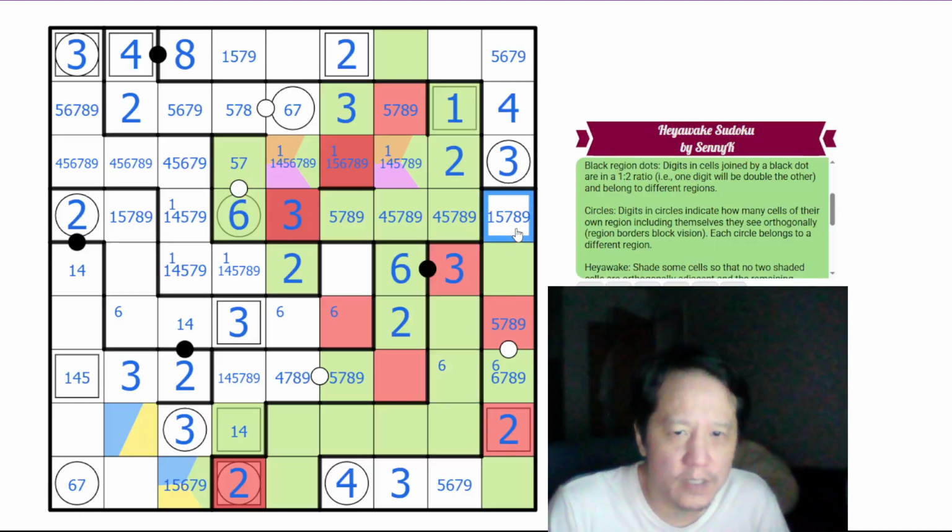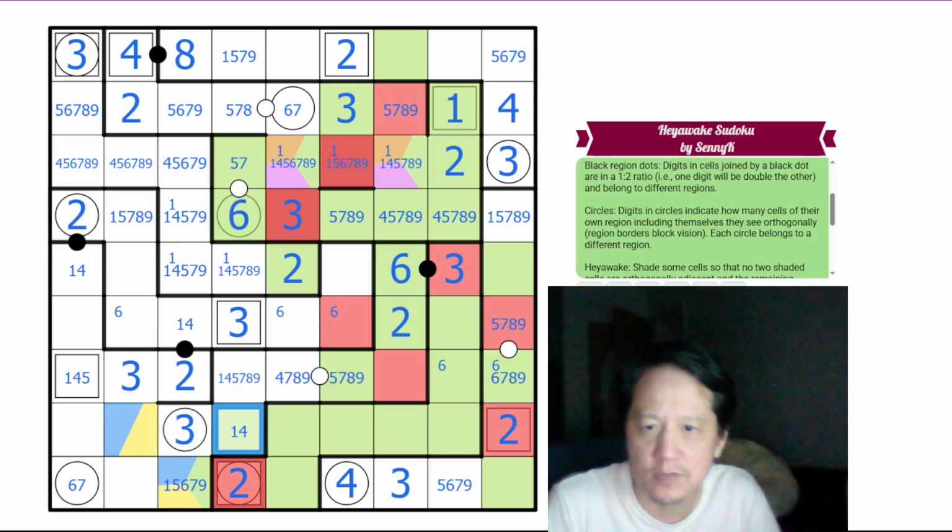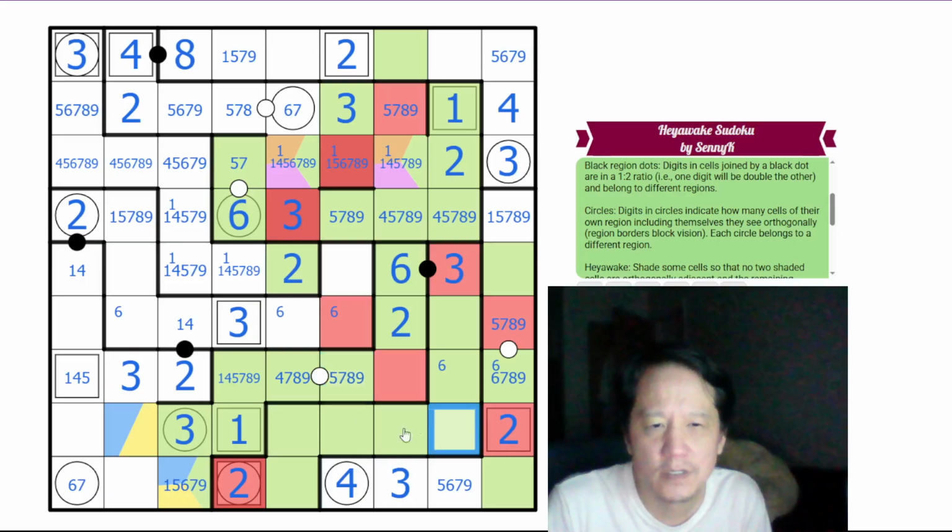Which means... Interesting. This cannot be 4, I don't think, right? We have 1 shaded here, 1 can be shaded here, and 1 can be shaded here, so that doesn't work. So this would be 1, which means none of these are shaded. Therefore, that would force this to be shaded there, and we'd have 2 shaded cells.